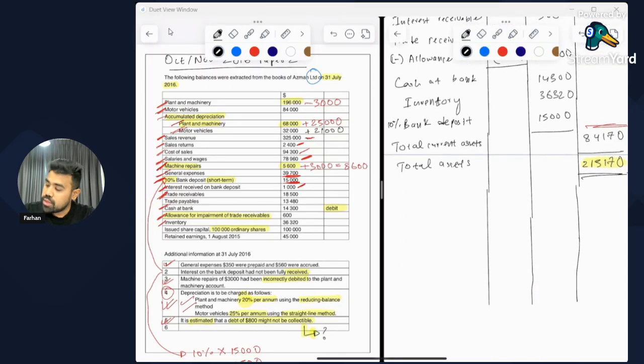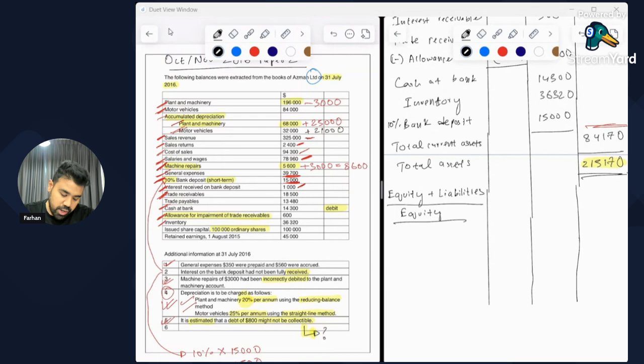Let's start with the equity and liabilities section. Okay, I'll try to make sure my handwriting is nice. So equity and liabilities. Starting with the equity.